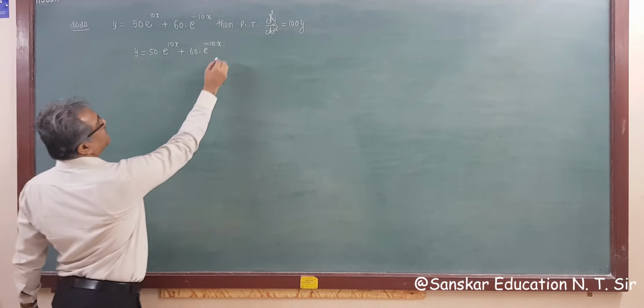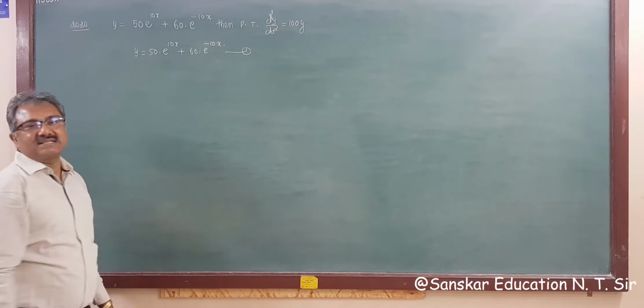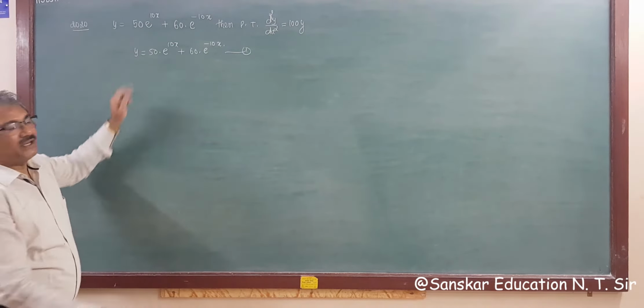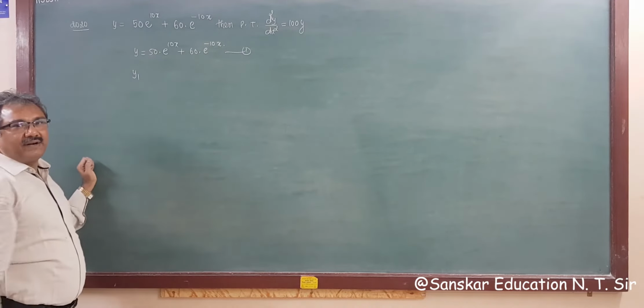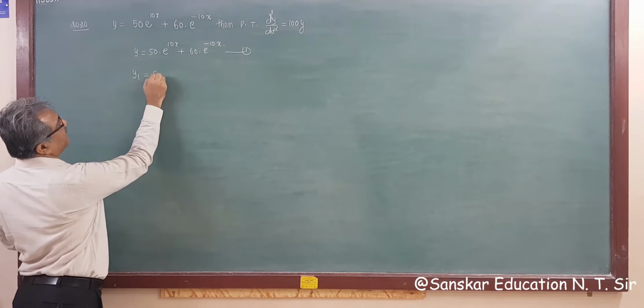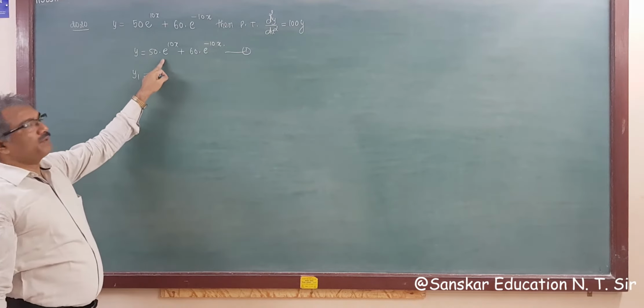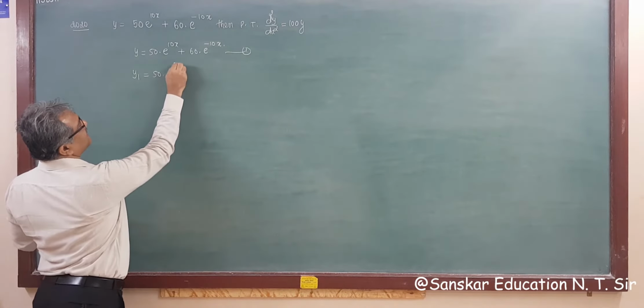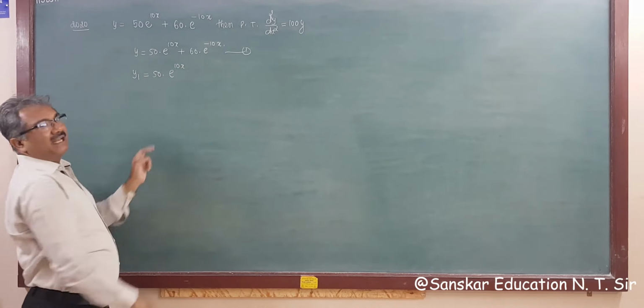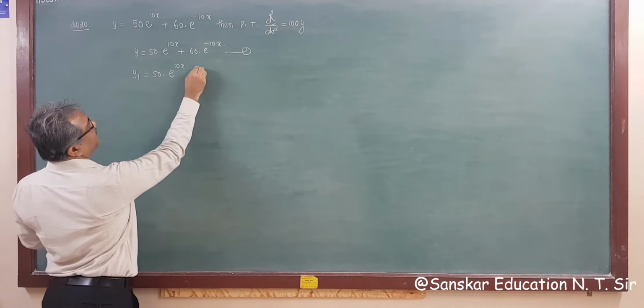Now this is say result number 1, no need to simplify this. So differentiating with respect to x, we get dy by dx, that is y1, is equal to 50 is constant. Now derivative of e raised to bracket is e raised to bracket, so this is e raised to 10x, and derivative of bracket again, d dx of bracket.